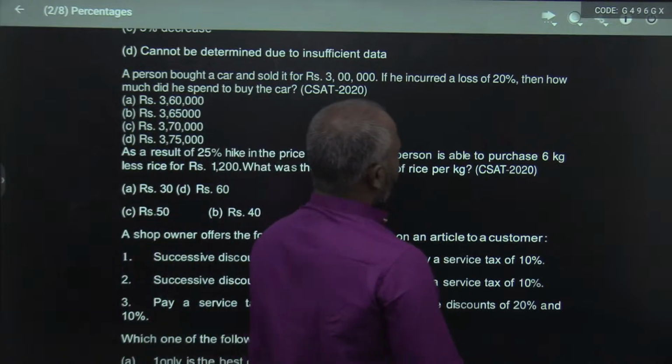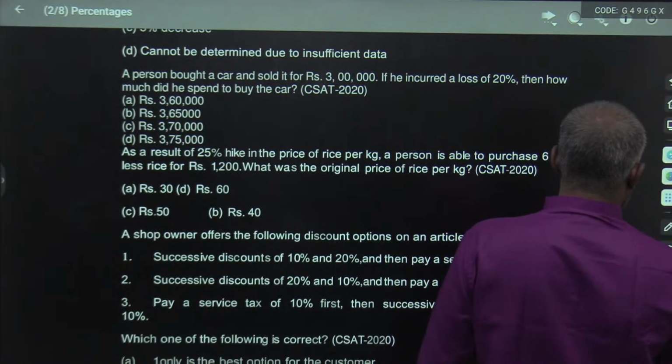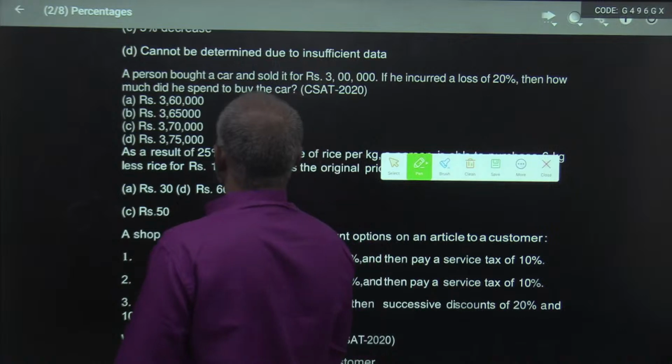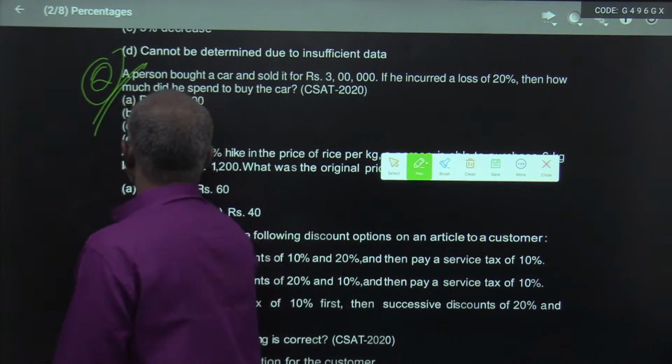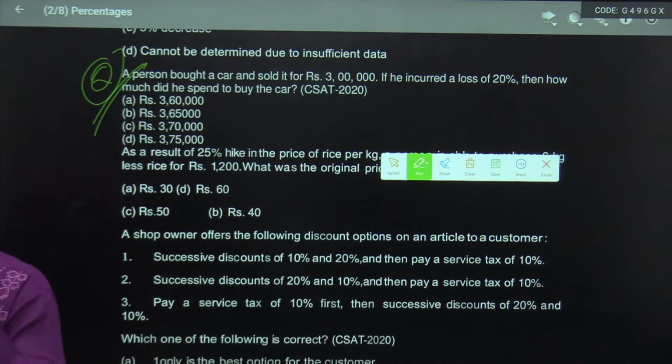A person bought a car. Next question. Take one minute, and then we'll solve this. A person bought a car.